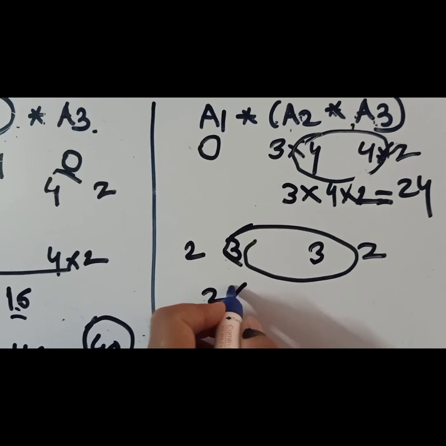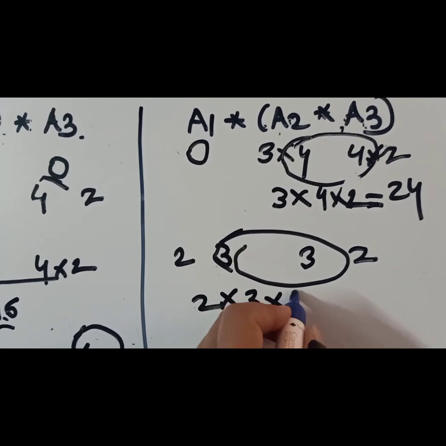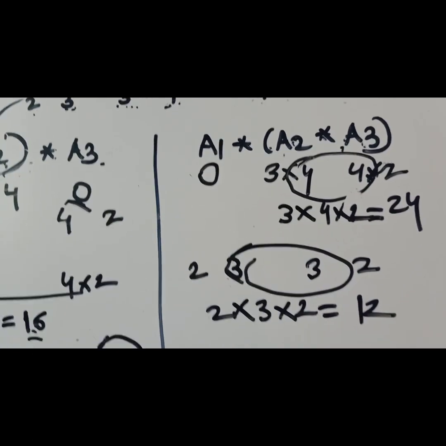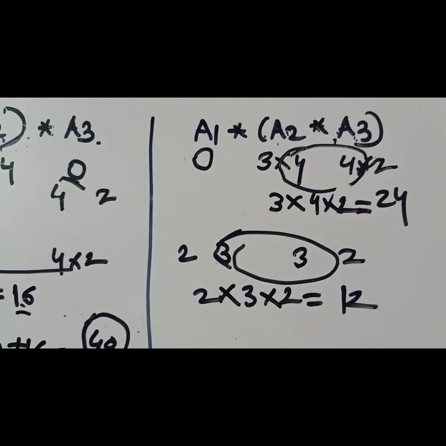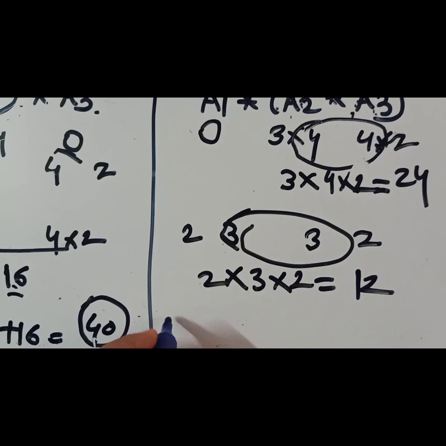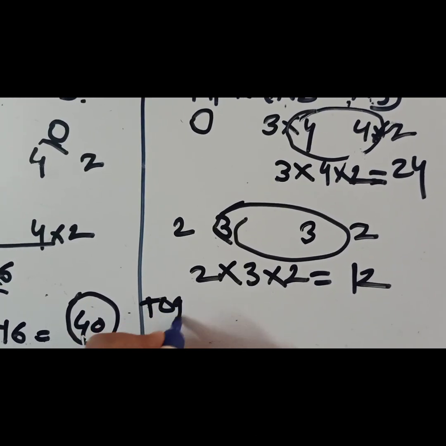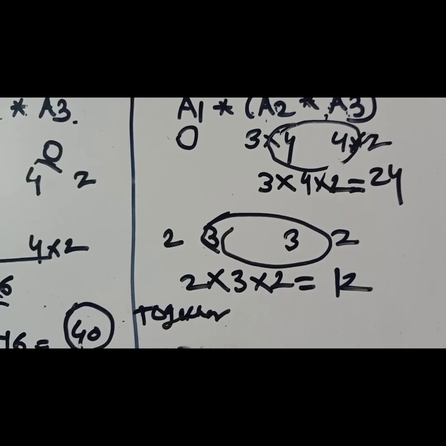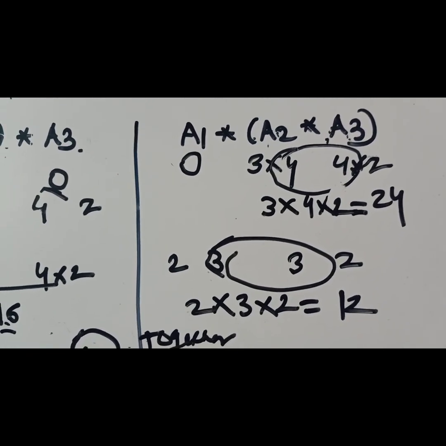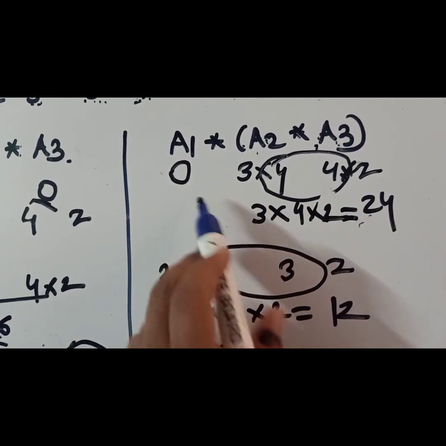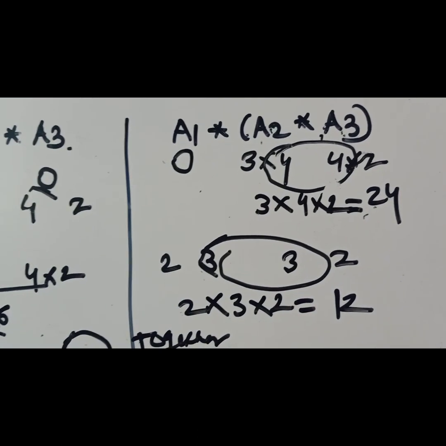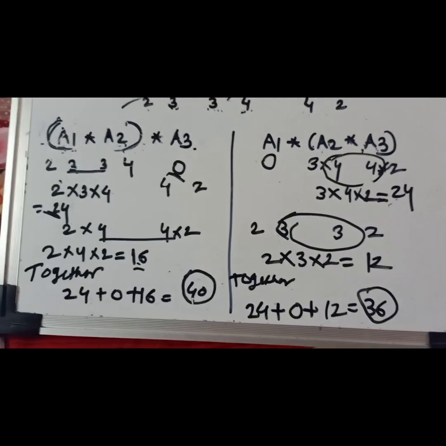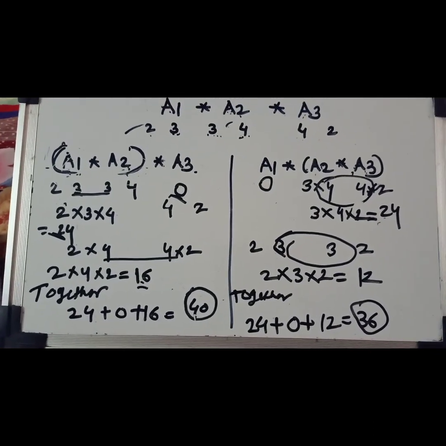You are getting 2 into 3 into 2, so it is 12. So 12 multiplications are required here. Now all together, firstly we got 24, plus for a1 we got 0, and lastly we got 12. How many multiplications are we requiring here? We are requiring 36 multiplications.